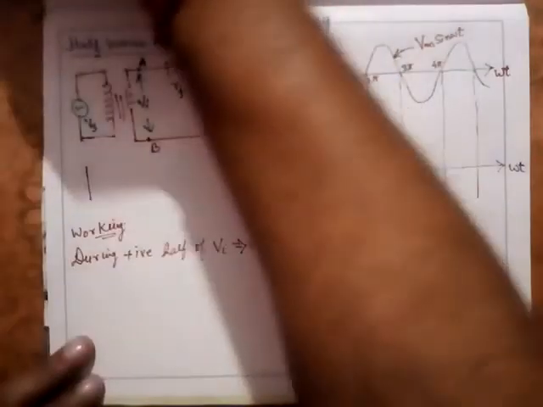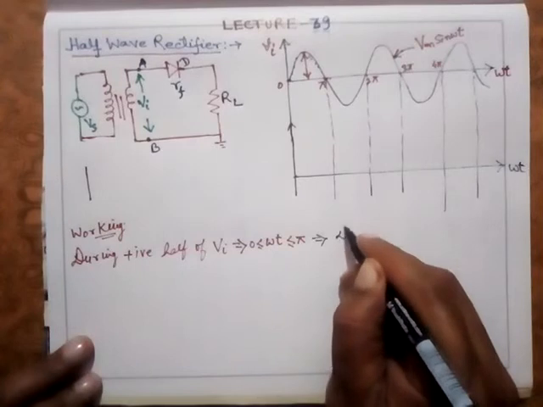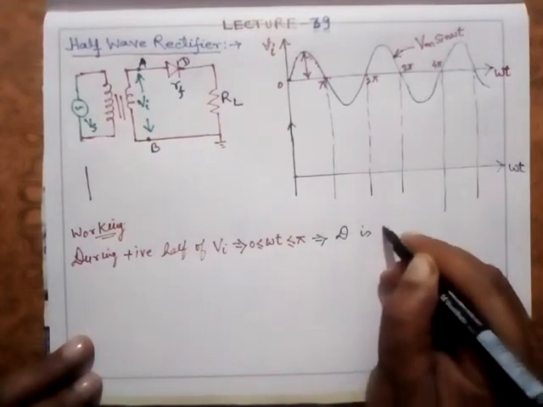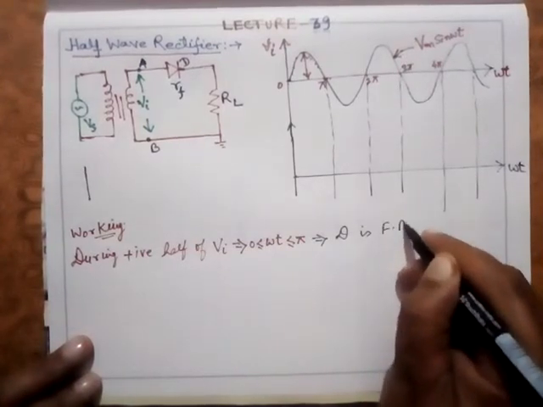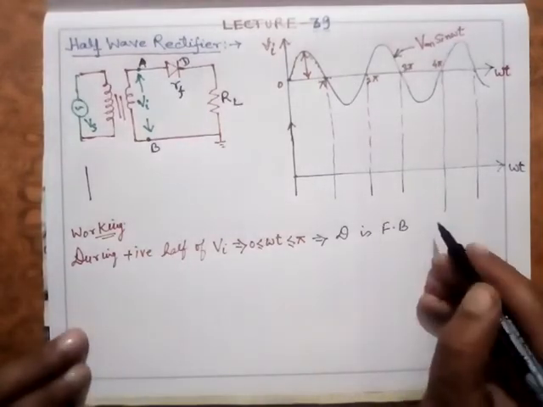So I can say this implies that D is forward biased. I am writing FB. This FB stands for forward bias.